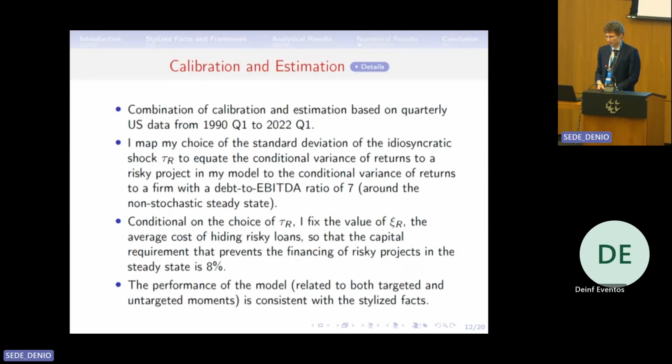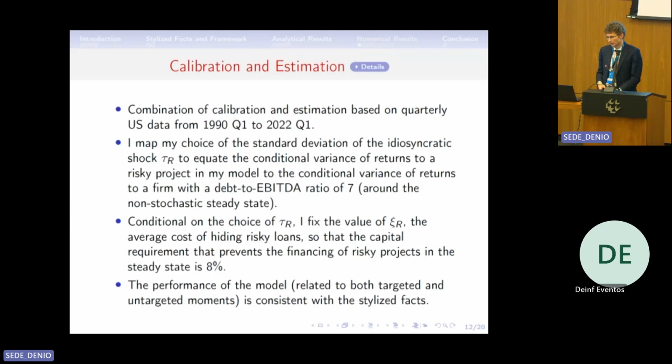And briefly about calibration, I use a combination of calibration and estimation using the simulated method of moments on the US data. I use the Z1 release of the Flow of Funds from 1990 Q1 to 2022 Q1.